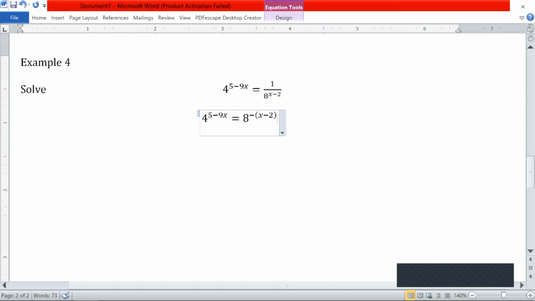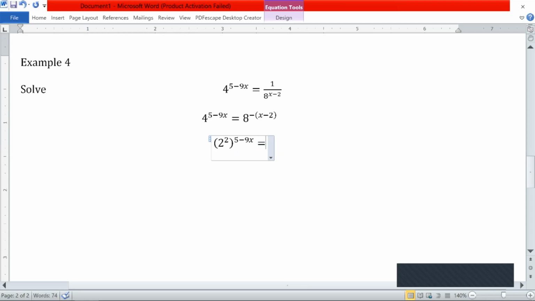Now, it's a little better than how it was, isn't it? So I now have two index numbers, but the bases are different. Here the base is 4, here the base is 8. But you know that 4 and 8 both can be written as powers of 2. So in the next step, I am going to replace 4 with 2 to the power of 2, and then I have 2 to the power of 5 minus 9x on this side.